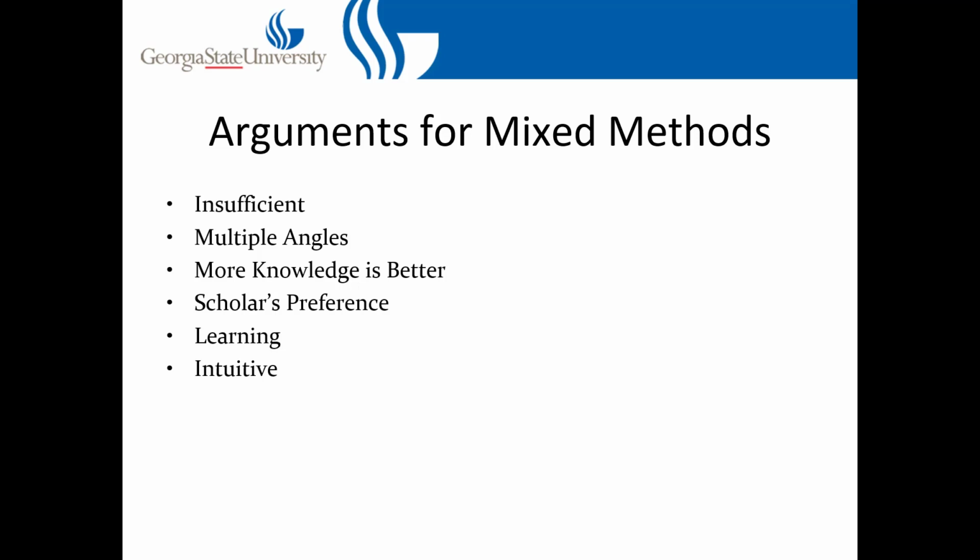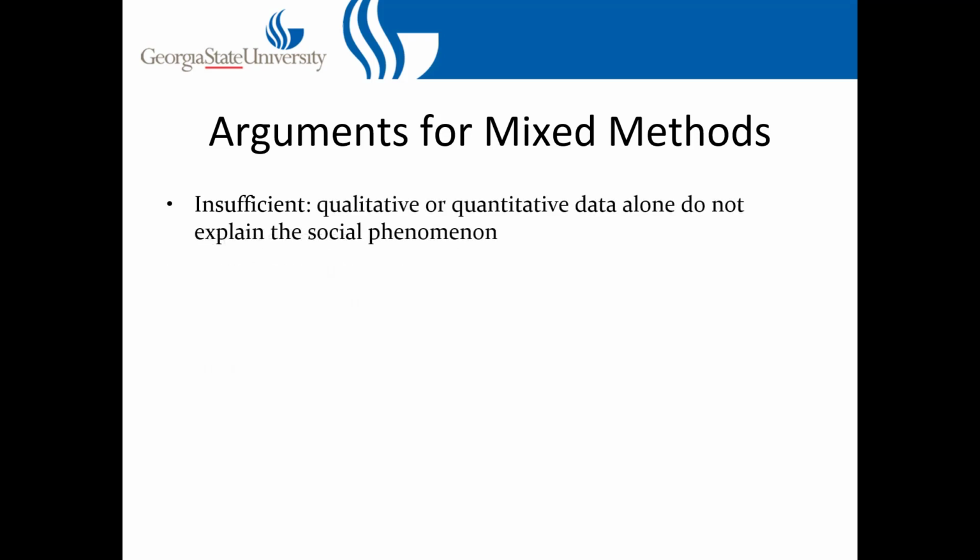So let's dive in. The first argument is the insufficient argument. Qualitative or quantitative data alone do not explain the social phenomenon. So what this means is if I look at something that's going on and I only use qualitative data, I will miss important and pivotal information that I would get quantitatively.